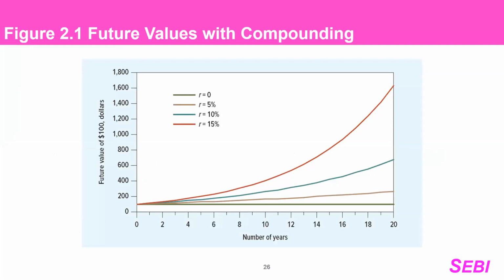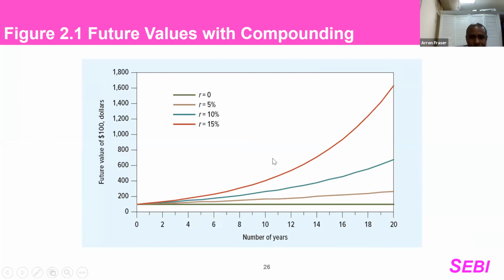Right, so this graph just essentially shows you how, given different interest rates, if you invest $100 and that interest rate is compounded annually, it grows exponentially. The interest rates only differ by increments of 5%, but you see the marked difference over a 20-year period.